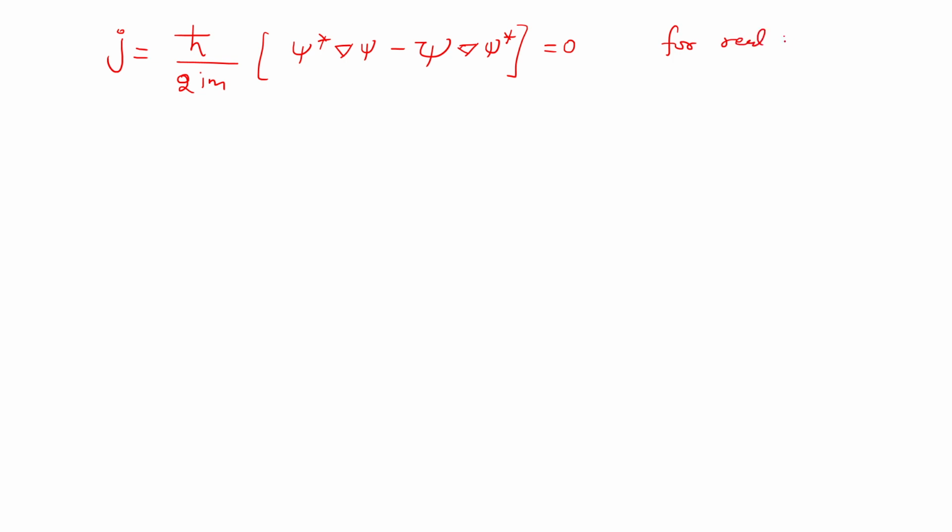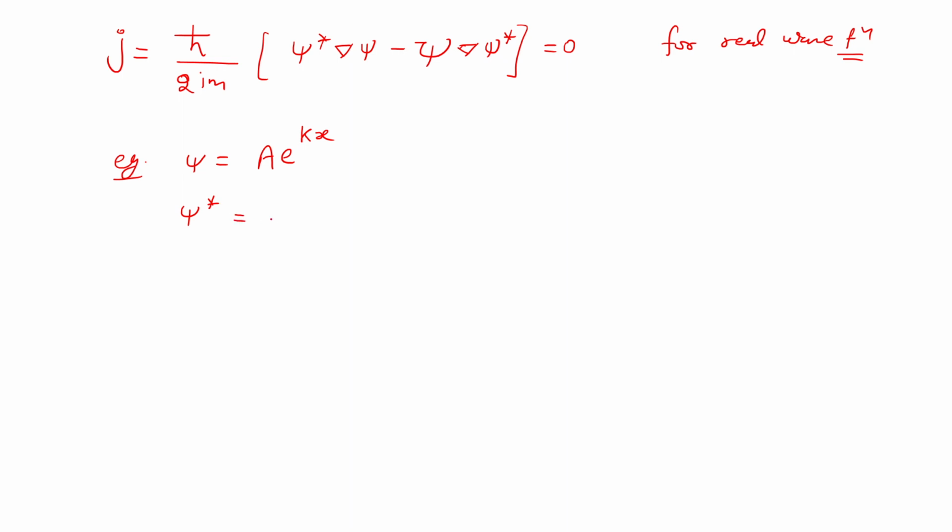So as we know, the probability current density J is h cut over 2 iota m, psi star del psi minus psi del psi star, and that is equal to 0 for a real wave function. How is it? For example, suppose psi is equal to a exponential of kx. What will its psi star be?